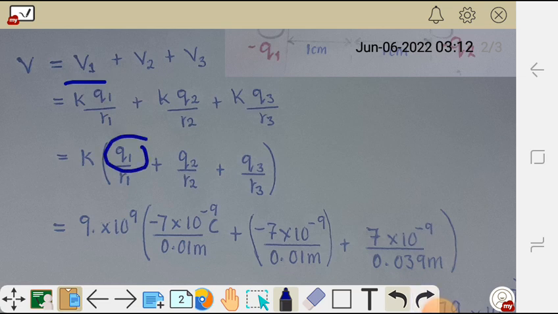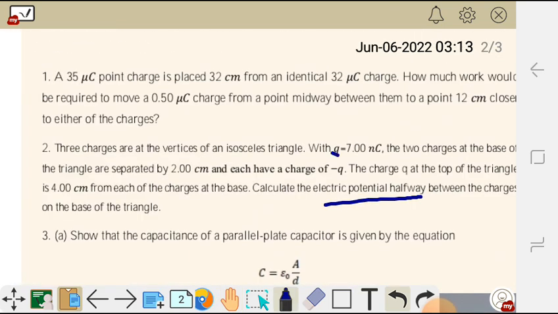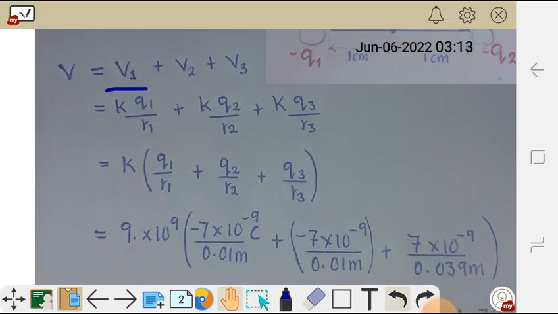And Q1 we already have in the question: the charge is 7 nanocoulomb. The nano here is simply 10 to the power negative 9. That is what the n stands for. The charges at the base are negative when the one at the top is positive. That's why we have these negatives here.